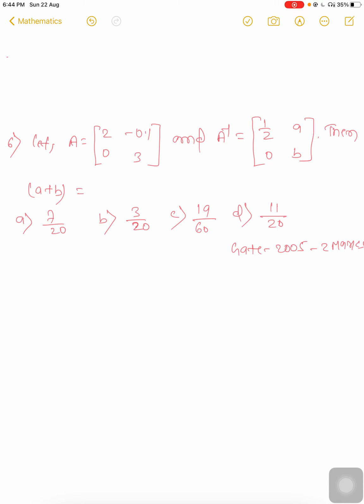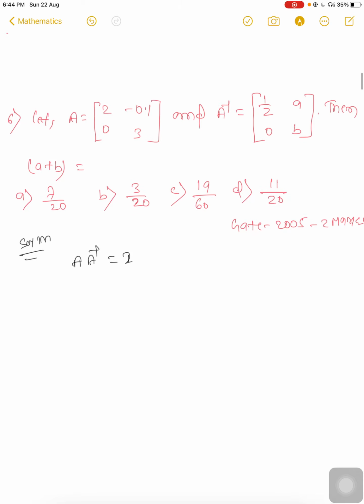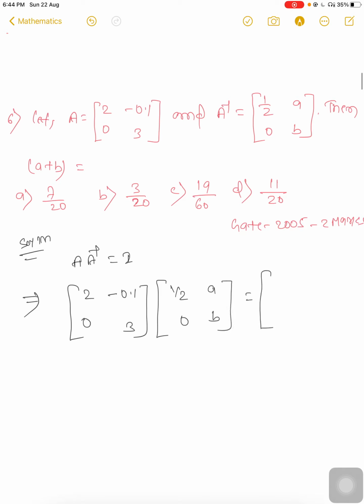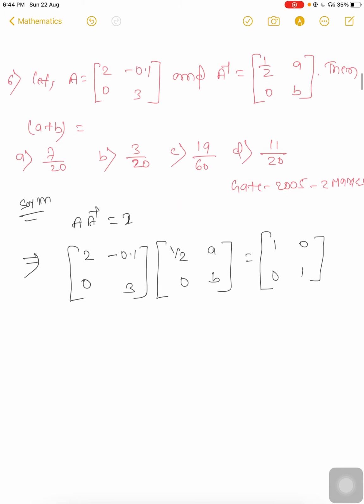Question number 6. Let A be given and A inverse be given, then we have to find A plus B. We know that A into A inverse is equal to the identity matrix I. So multiply it: 2, 0, 0, 1, 3 times half A, 0, B, equals 1, 0, 0, 1.